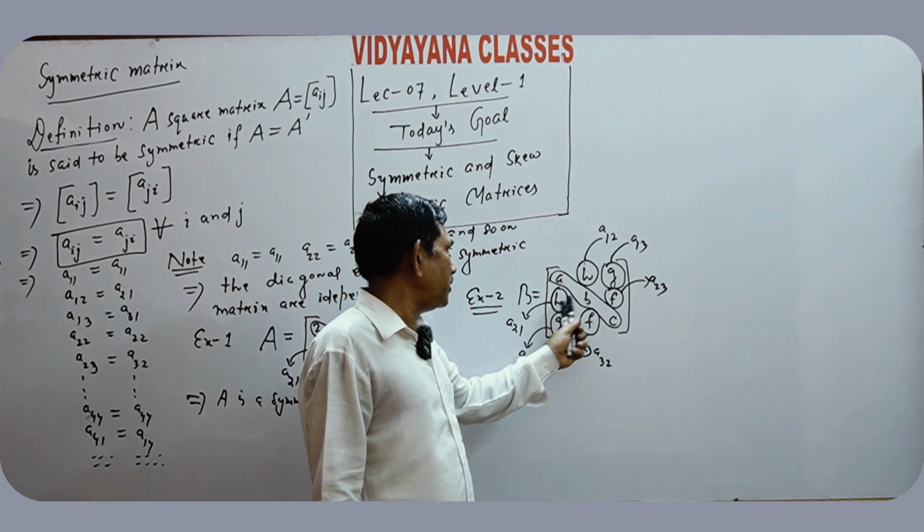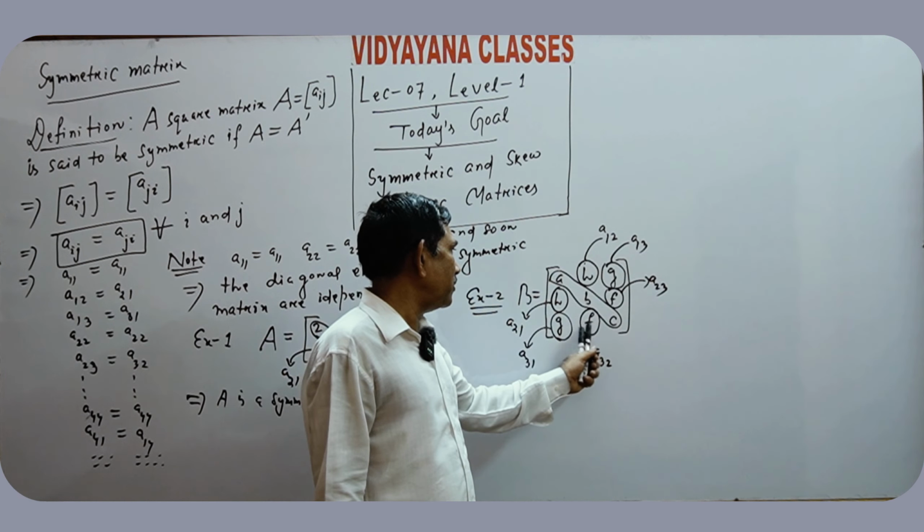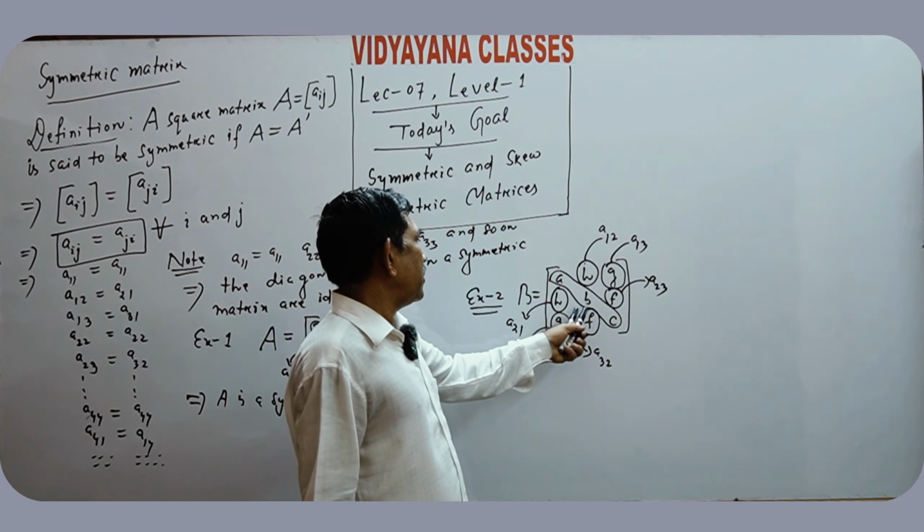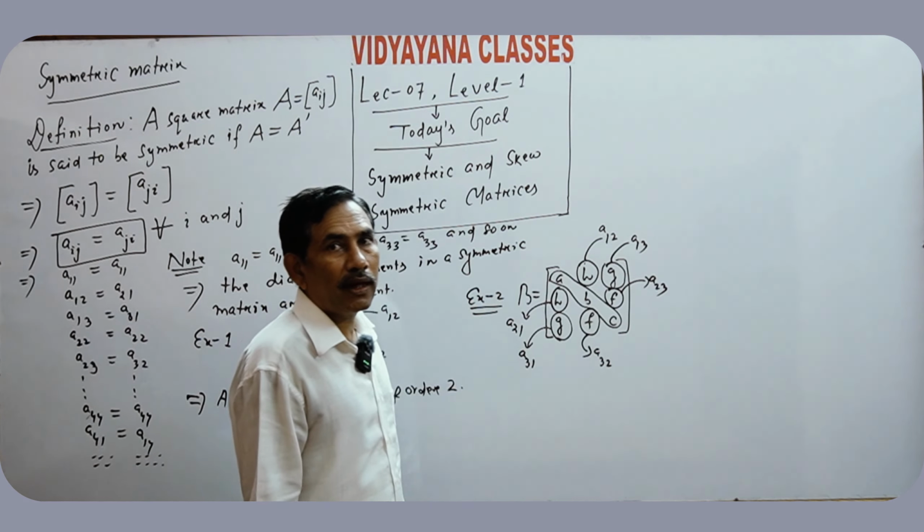This depends on this. But the diagonal elements, that is A11, A22, A33, are independent.